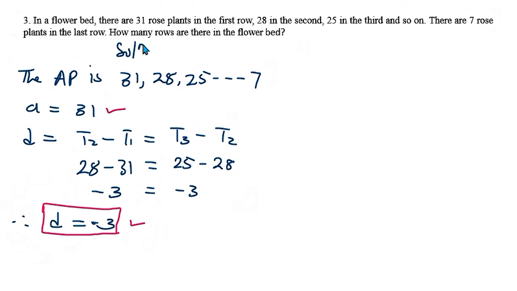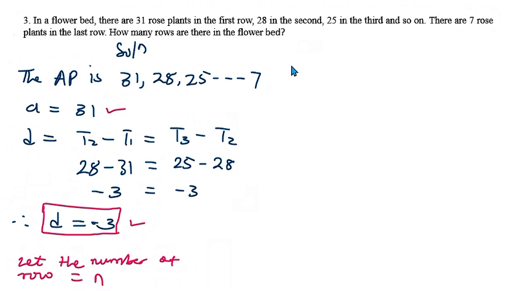What are we to find? How many rows are there in the flower bed? Okay, so we are going to find the number of rows. Let the number of rows be n.